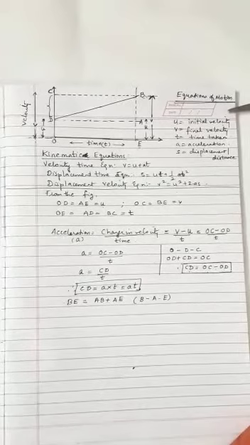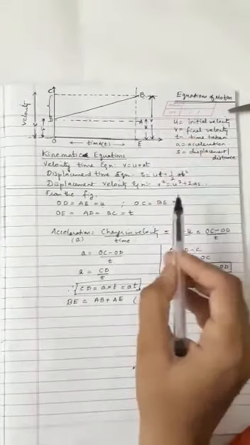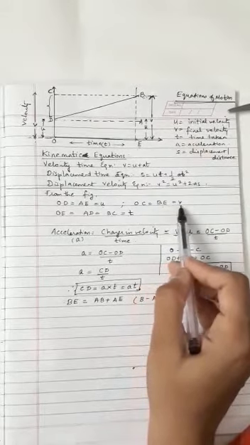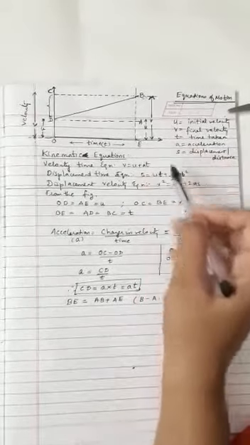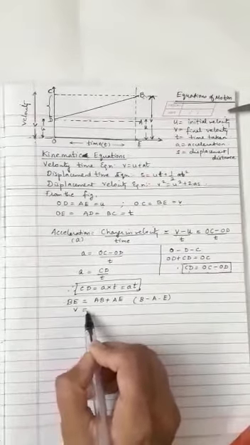Now as you can see in the graph, what is BE? BE is marked as V. That is final velocity V.